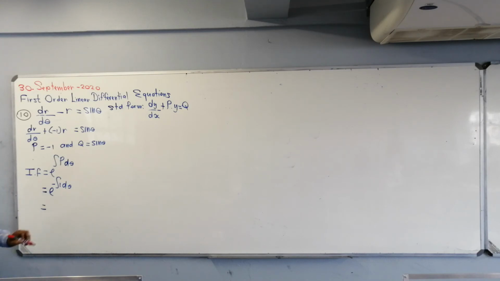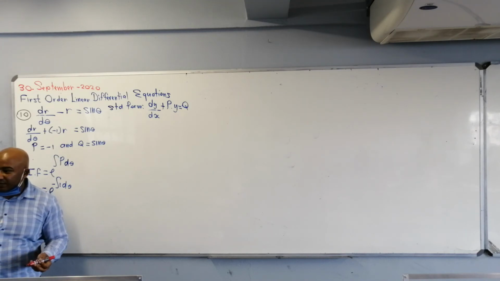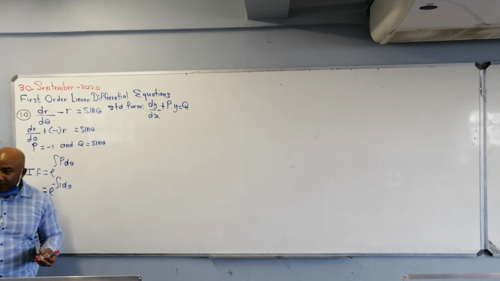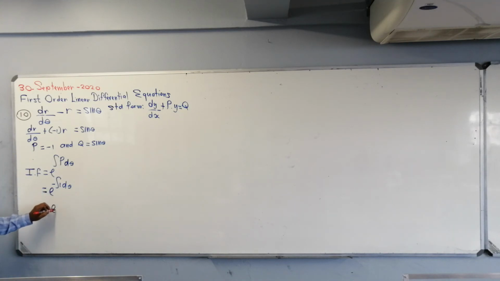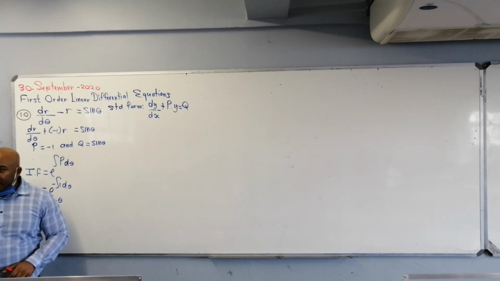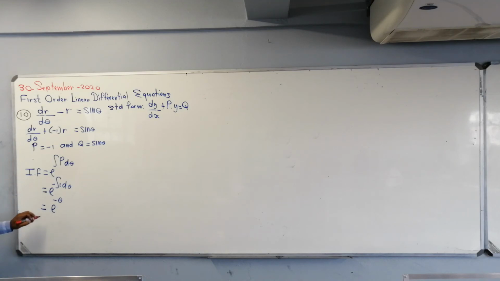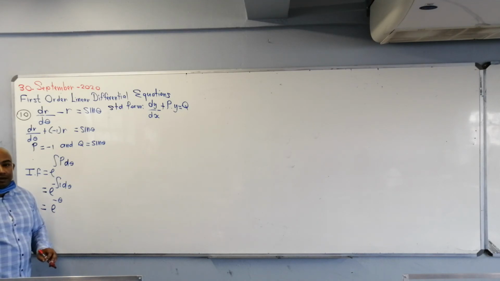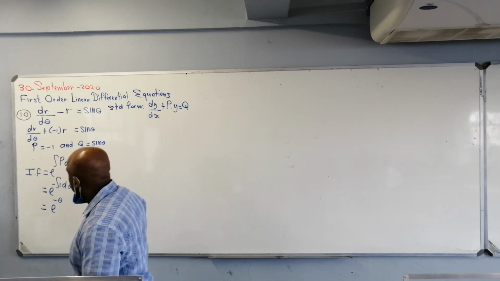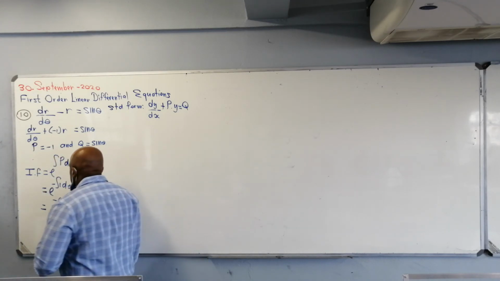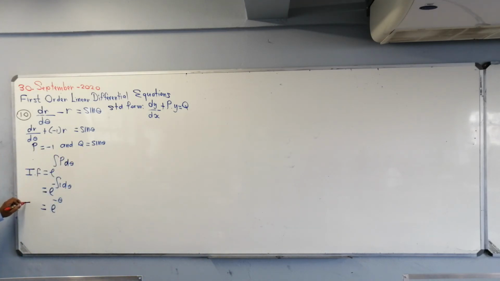So when you integrate minus 1, what do you get? You're just going to get minus theta. It's like if I had dx here, then that will be minus x. So I got e to the power minus theta. Now, this is my integrating factor.